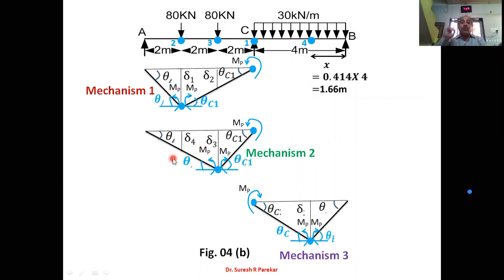We have seen the order: first hinge forms at fixed support, second at continuous support, third at rigid joint, and fourth at concentrated load. So first I mark fixed support, continuous support, rigid joint, then under concentrated load, and then UDL. You can see the marking I have given in the same fashion, and then we have to solve it.